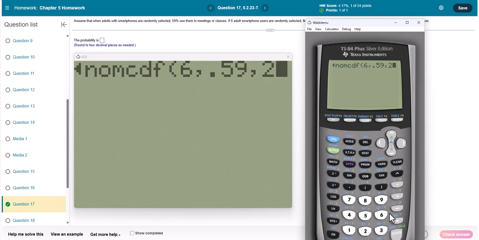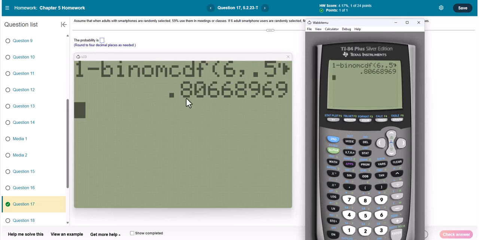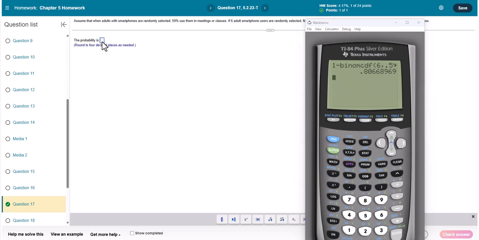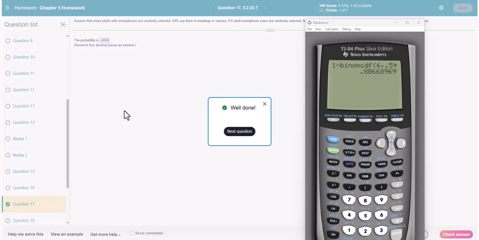When we do that, we get 0.8066, and since they ask for 4 decimal places, we put in 0.8066 and hit enter. We then check our answer, and of course it is correct.